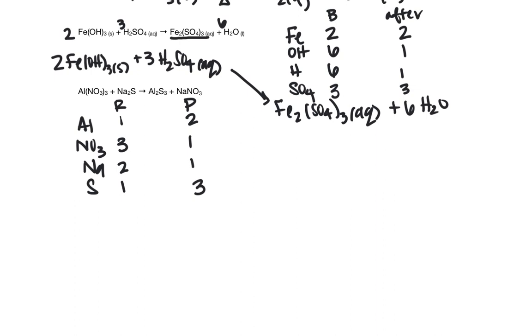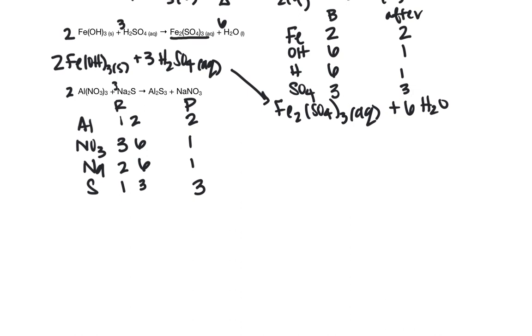So I'm going to start by balancing the products on the reactant side. So I'm going to do that by adding a 2 here, which is going to give me a 2 and a 6. And we know that we need to have 3 sulfur on the right side, so I'm going to add a 3 here. And that's going to give me 6 and 3.